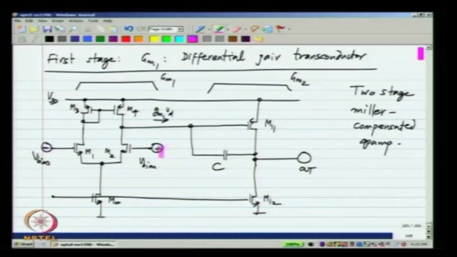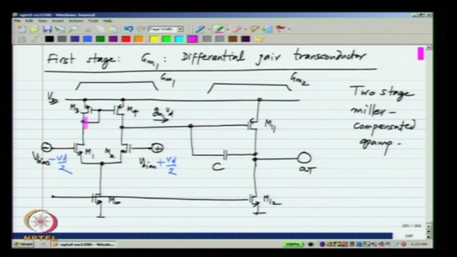And also one more thing to keep in mind is that in this block diagram we have assumed GM1 to be an ideal transconductor. In reality, we know that from our analysis of the simple differential pair, between the input voltages here, let us say I apply plus Vd by 2 and minus Vd by 2, and the output current that is coming out of the first stage transconductor, there is a pole and a 0, that is because of the mirroring.